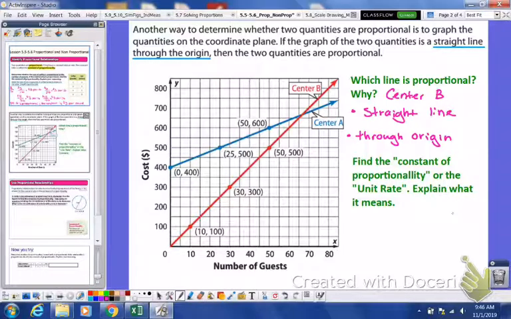Now, since it is proportional, we can find the constant of proportionality, or the unit rate, and then explain what it means. So when we have a graph, our constant of proportionality is going to be found by taking our y coordinate divided by our x coordinate. So if we go to our center B line, we can pick any one of these points that are given. You can pick one that's not given, you just have to count it.